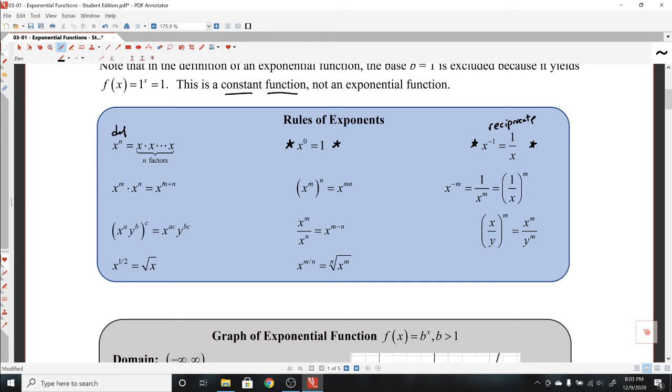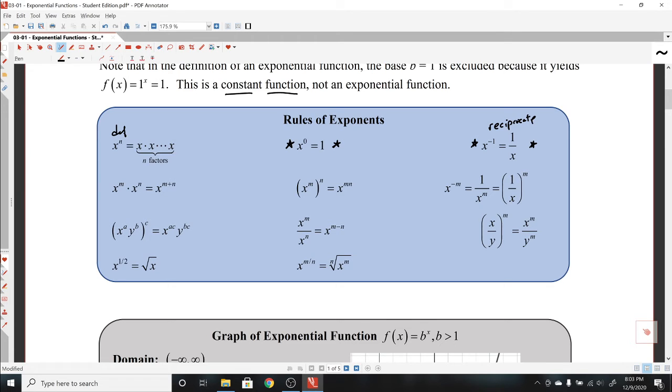A product of powers, we add the exponents. A power of powers, we multiply the exponents. Okay, over here is the one underneath that. If I raise x to the negative m power, I get the reciprocal of x to the m power. I could also write it by putting 1 over x in parentheses and raising it to the m power.